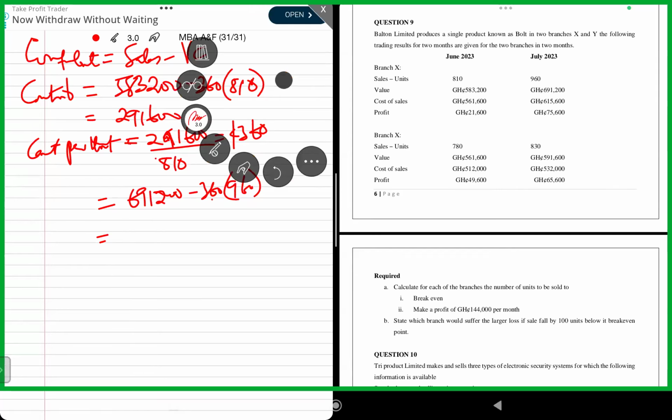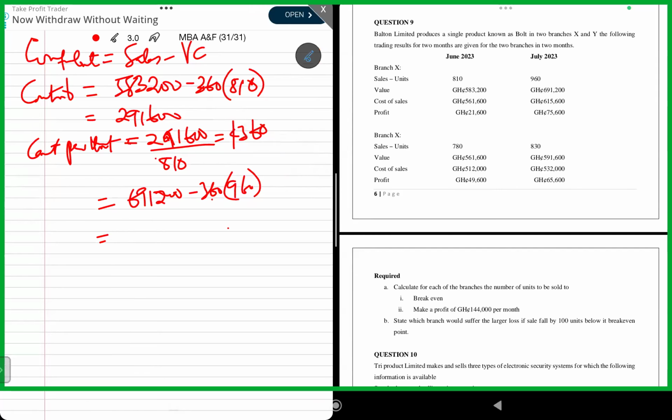345,600. Okay, so just subtract everything. 691,200 minus 360 multiplied by 960 is 345,600. 345,600 divided by 960 units, the contribution per unit.